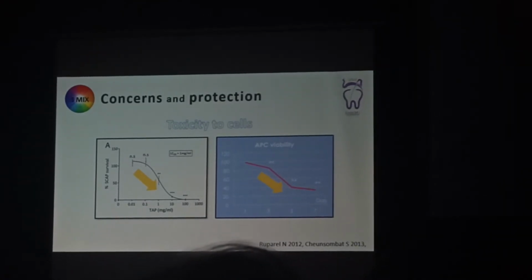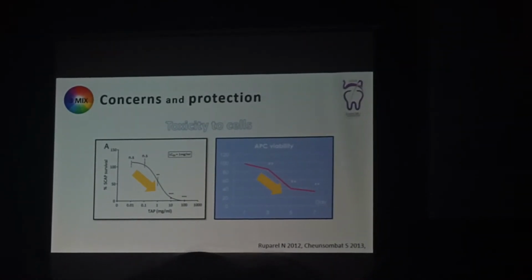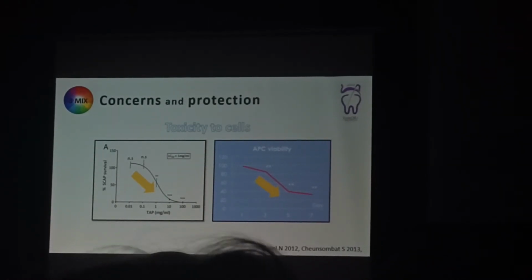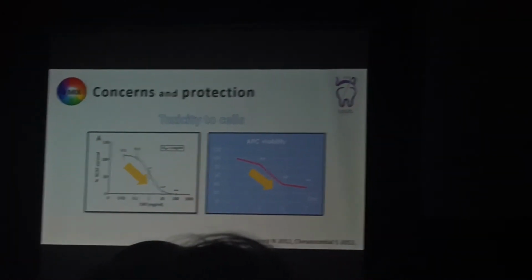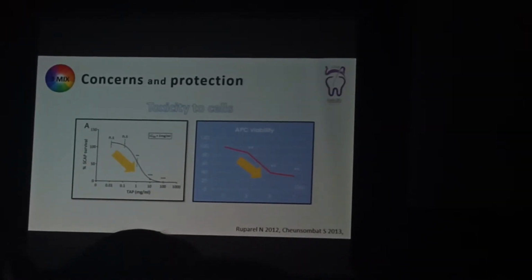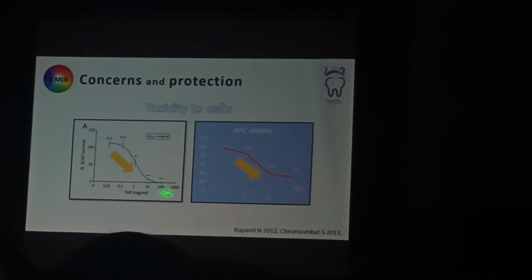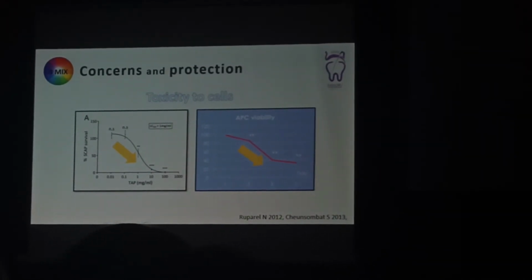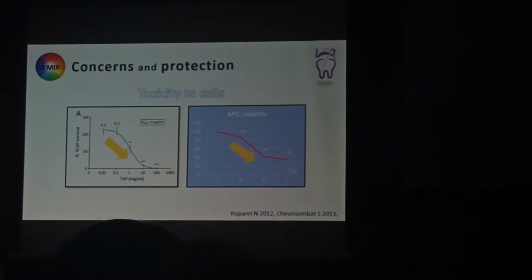So in the literature and in our study, we focus on the toxicity of this kind of medicine. And we found that if we use it at a higher concentration, it will reduce cell viability. So that's why we have to be concerned about the concentration of the medicine.